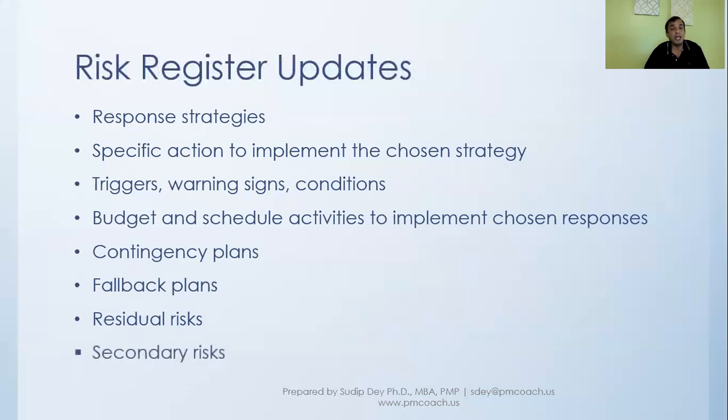As opposed to residual risk, we'll also talk about secondary risk. Secondary risk is when we implement a response to an identified risk, and this gives rise to some other risk. That is what is known as secondary risk.